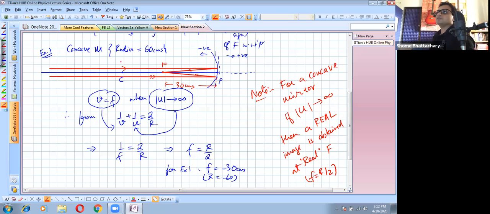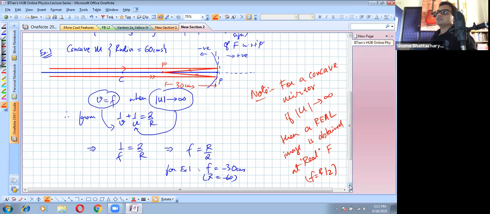So the rays coming from that point object will tend to be parallel to the principal axis and very close to it. Here again, the angle of incidence and all that are very small angles. So all those steps that we applied in the derivation of small angle approximation are again valid over here. So that is the story for concave mirrors.